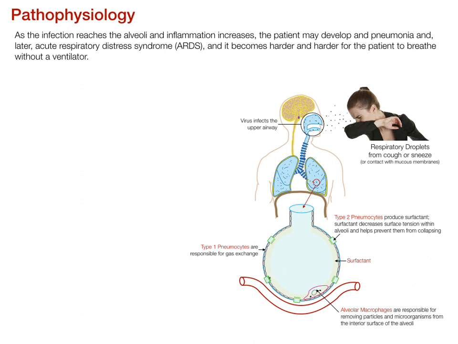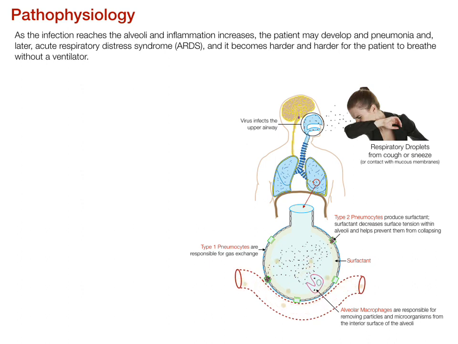Now, here we see COVID-19, and it gets attached to the ACE2 receptors in the type 2 pneumocytes. And then it multiplies, and the virus escapes and starts to build up inside the alveoli.